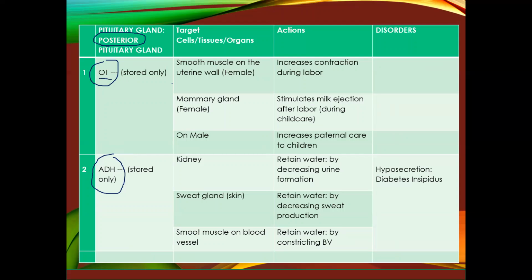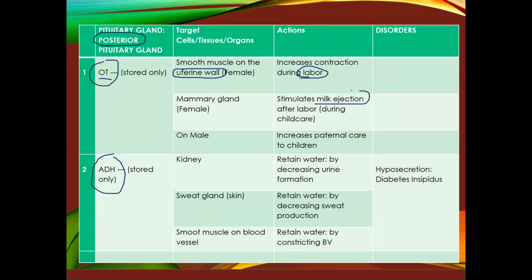Where do they go? What are the targets? The OT is really needed during labor, during childbirth. It is needed to increase contraction of the uterus, so the target will be the uterine wall. The OT is also needed for ejecting the milk.